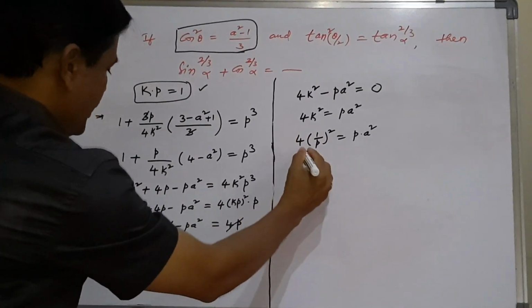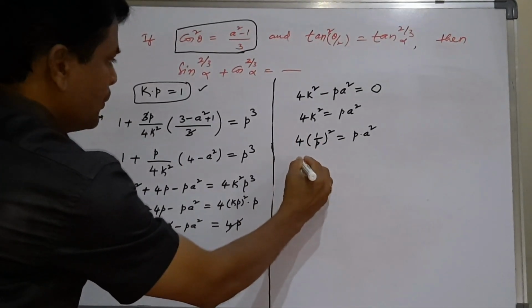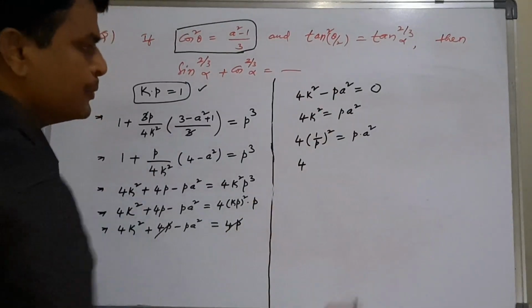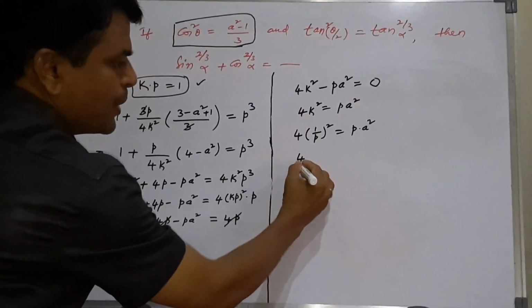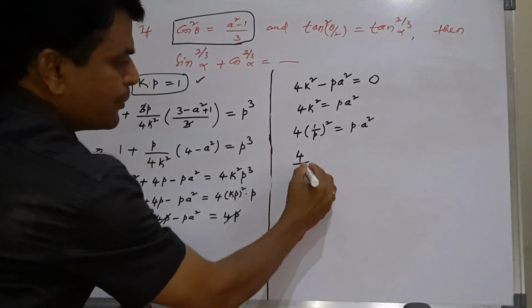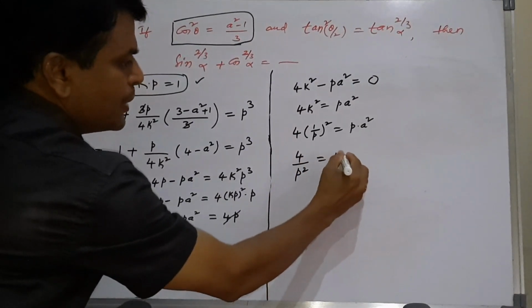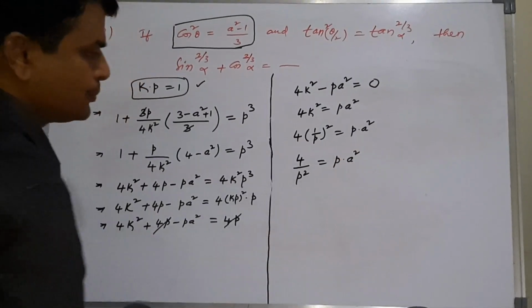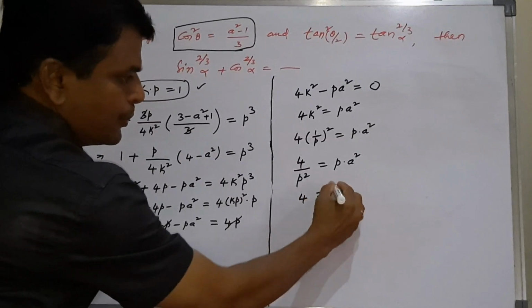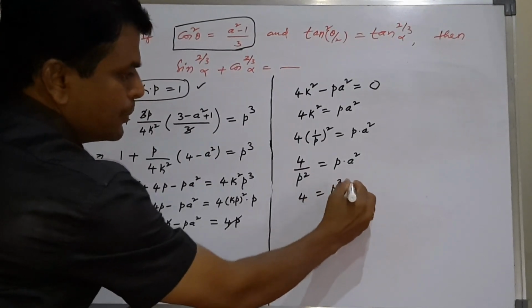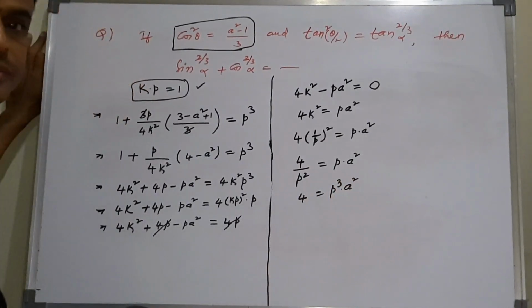Now you can say 4 into 1 by p square, that is 4 by p square is equal to p into a square. Now 4 is equal to p cube into a square, you can write.